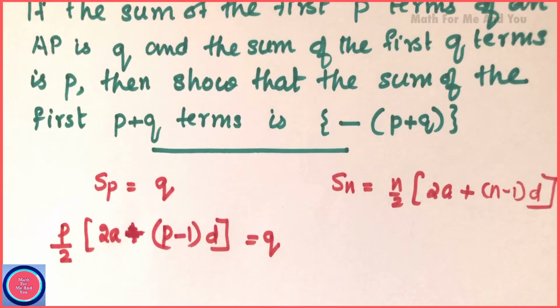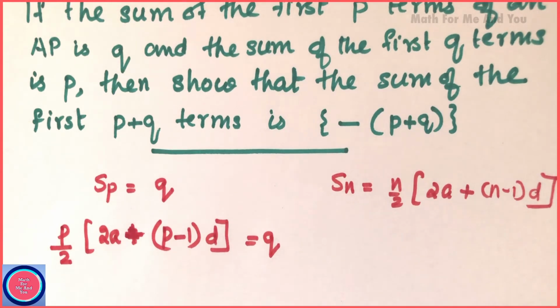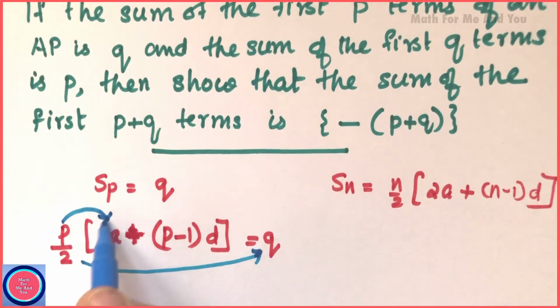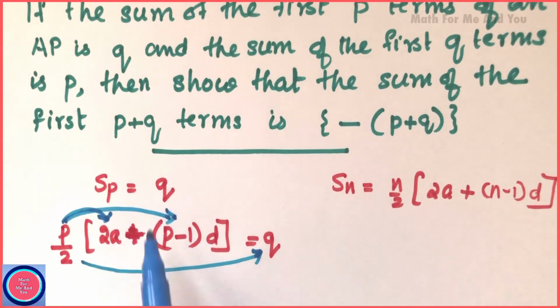And now we are going to simplify this in a different way. First, we will take denominator 2 to the right side and then we will multiply p to the bracket with each term inside the bracket. Okay, let's start.